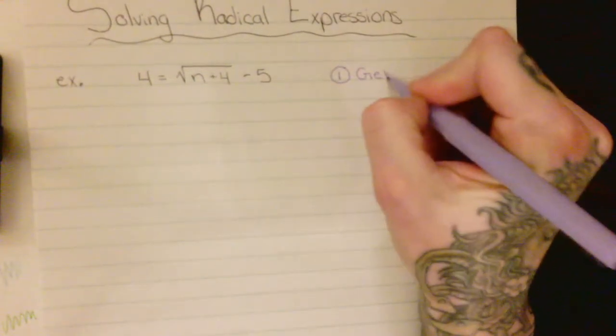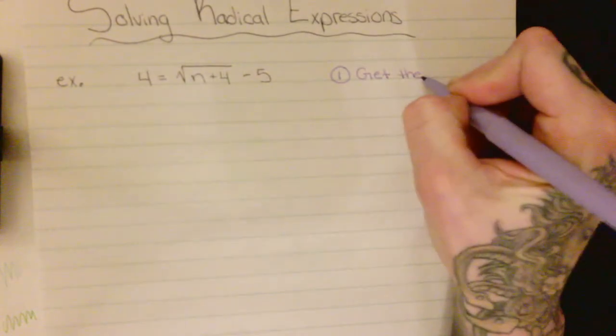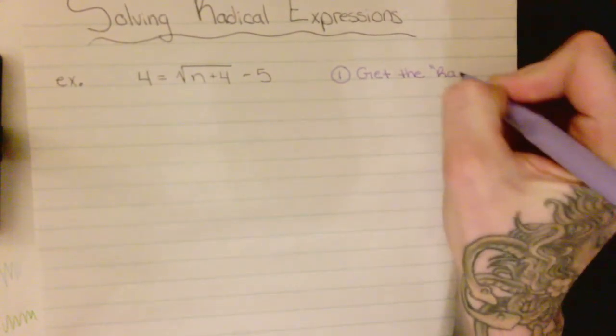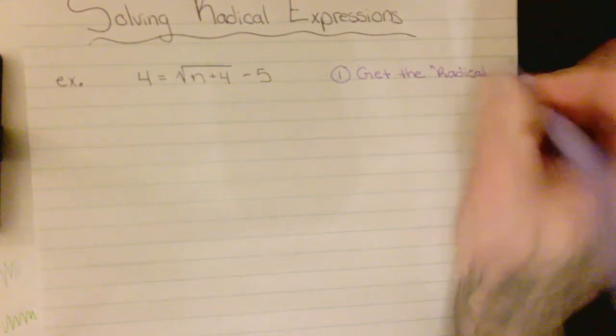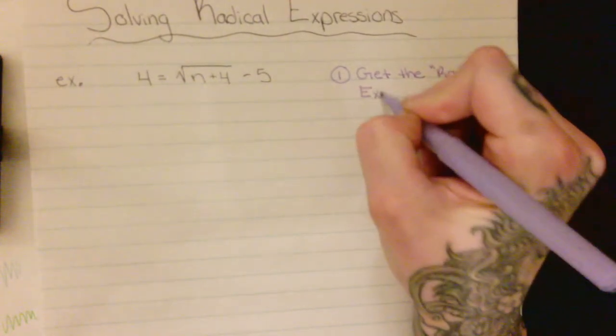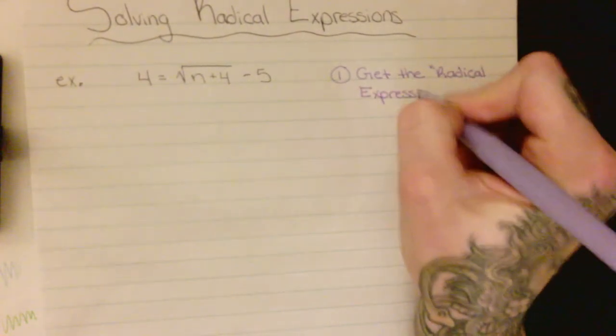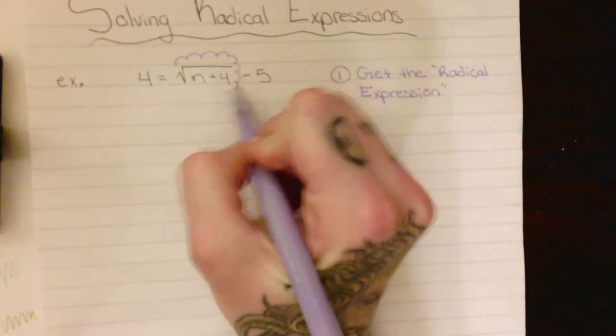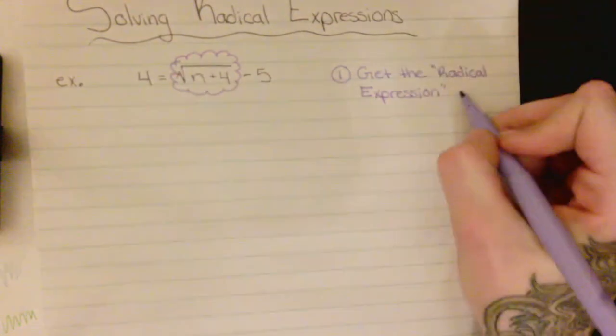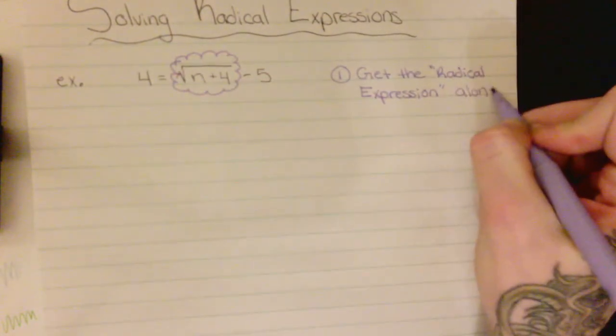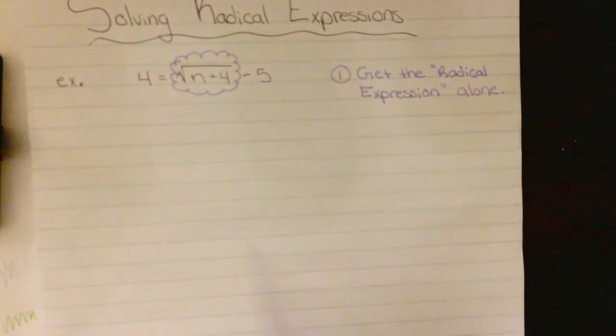The first thing we want to do is get the radical expression alone. Now when I say radical expression, I mean this alone. I want this on one side of the equal sign and absolutely nothing else.